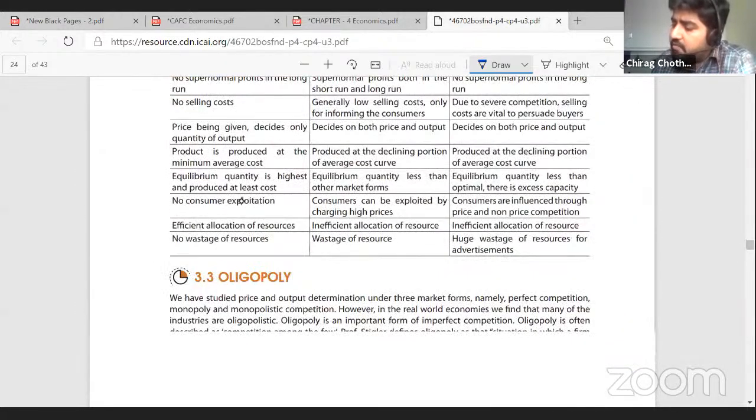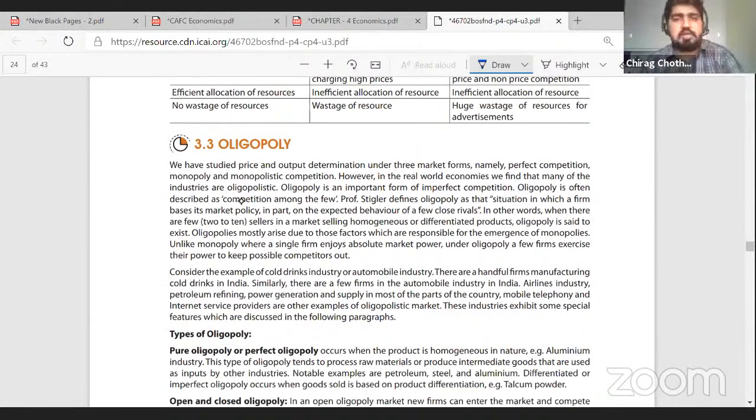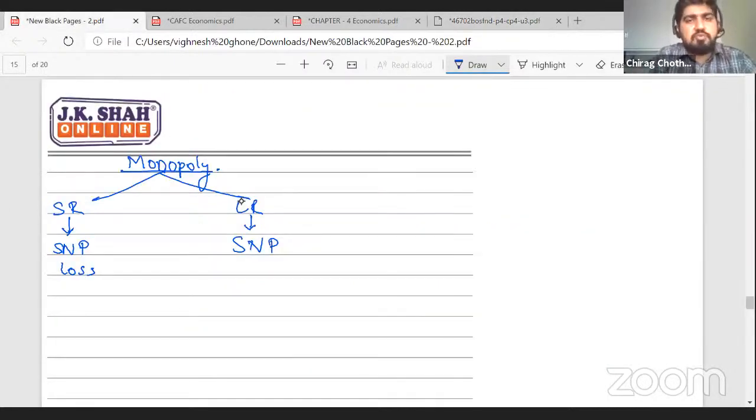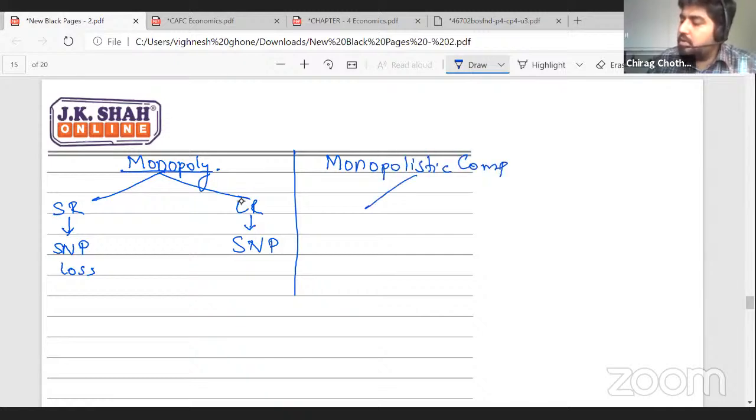Very important topic. I am going to cover all the diagrams which are there in monopoly as well as in case of monopolistic competition. So in monopoly, as you know, in the short run there are two parts: supernormal profit and normal profit. In the long run it is supernormal profit only. In monopolistic competition, in the short run we are having supernormal profit and loss.